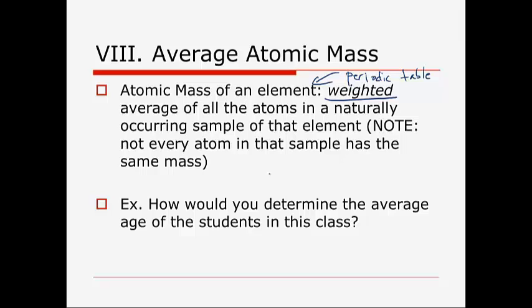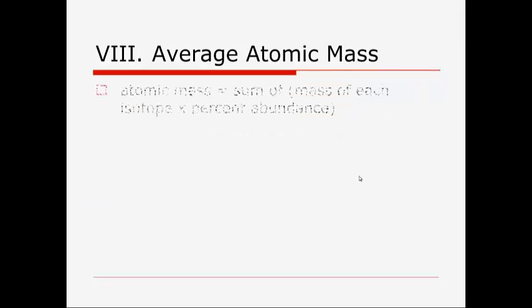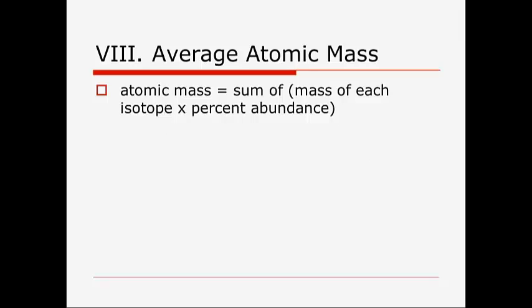So how do you figure out the average age of people in the class or on the campus? You don't just add up the ages and divide by the number of ages; you divide by the number of students. So, how do you get the average atomic mass? Simple. It's the sum of the mass of each isotope times the percent abundance.